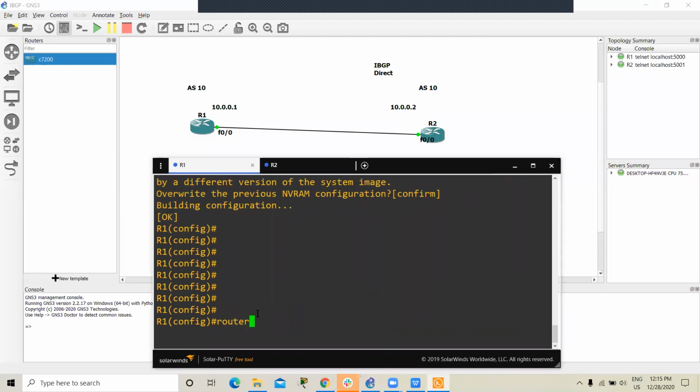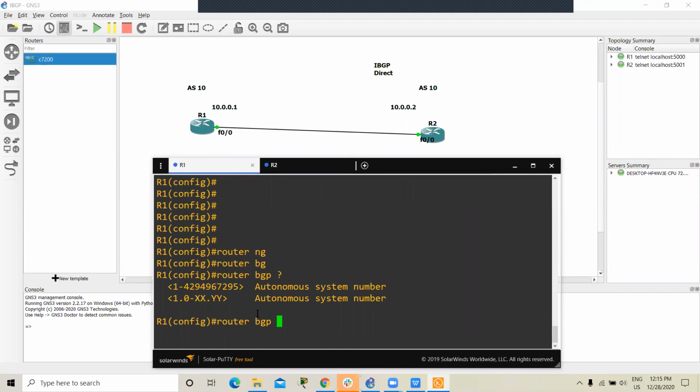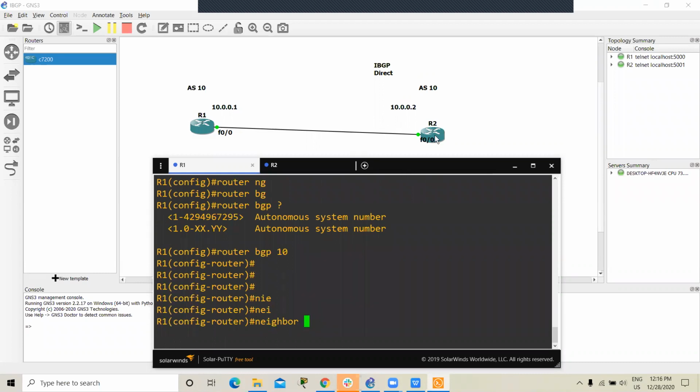Router BGP, and it asks about the autonomous system number. We can give any, but I write 10. Then we have to give the IP of the neighbor. So our neighbor IP is 10.0.0.2.